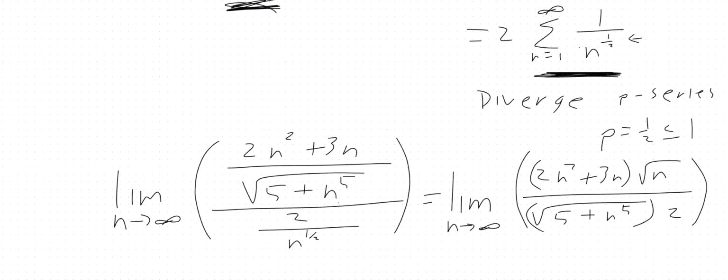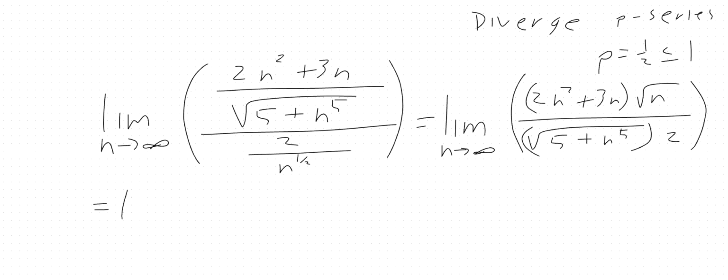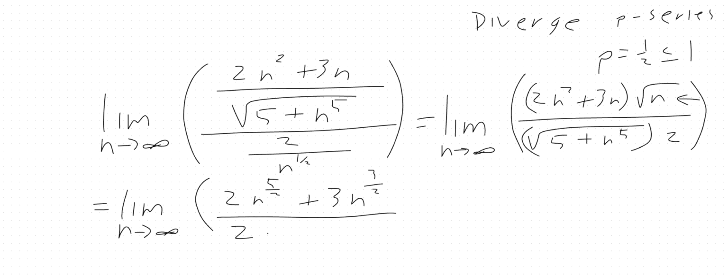All right, a little bit messy in there, but let's go ahead and distribute. So an n to the 1/2 times everything. So it's 2n to the 5/2 plus 3n to the 3/2, all over 2 square root of 5 plus n to the 5th.